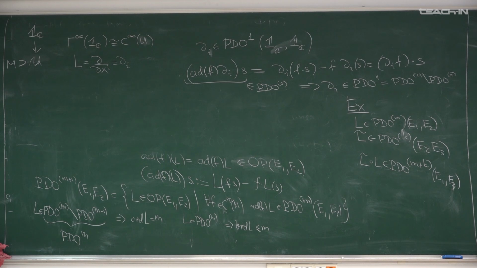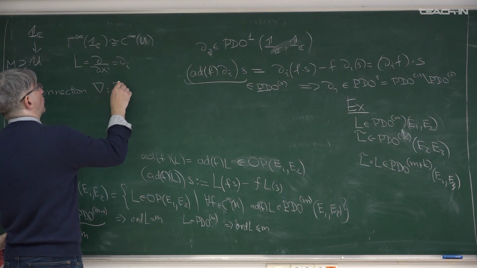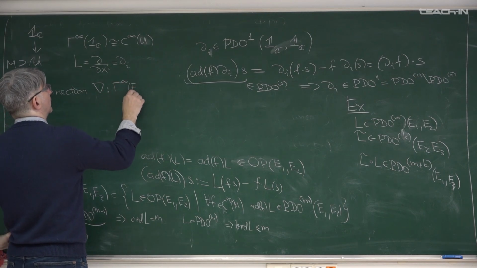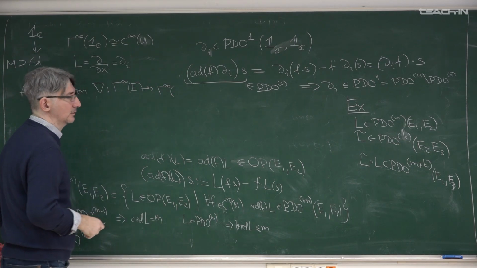Now we have a very interesting question: what can be said about a connection? Can we consider a connection as a partial differential operator or not? First of all, a connection works from sections of one vector bundle to sections of some other vector bundle.